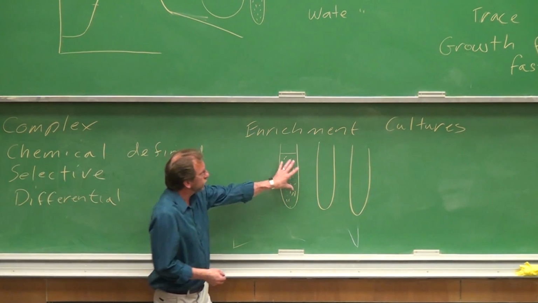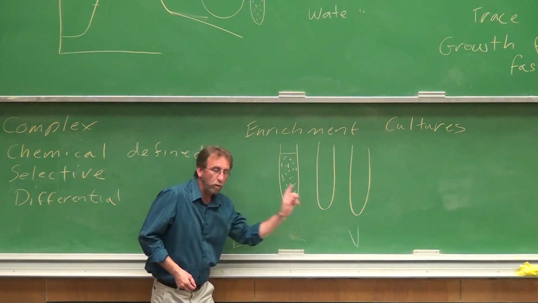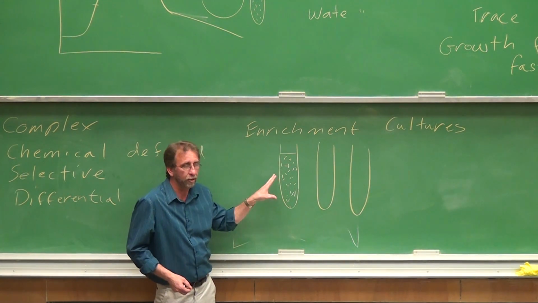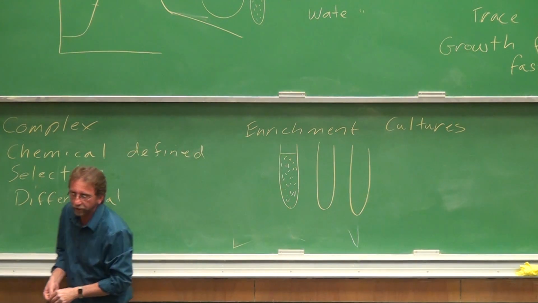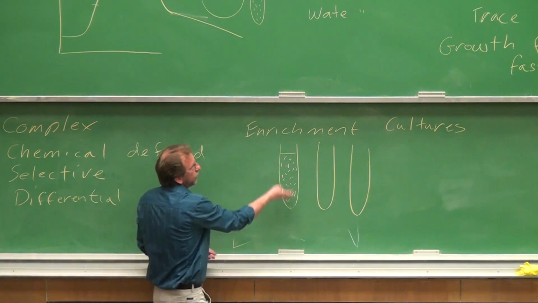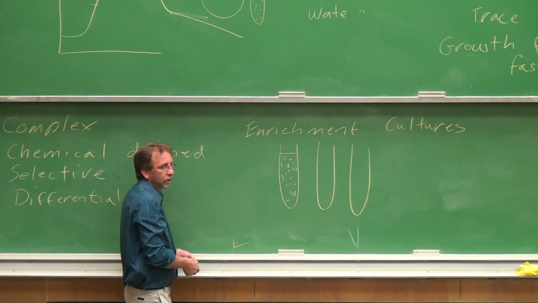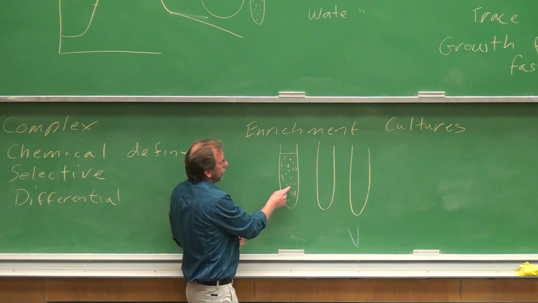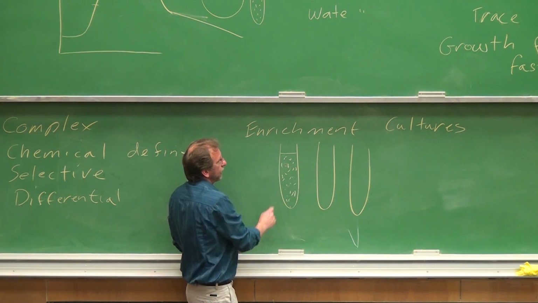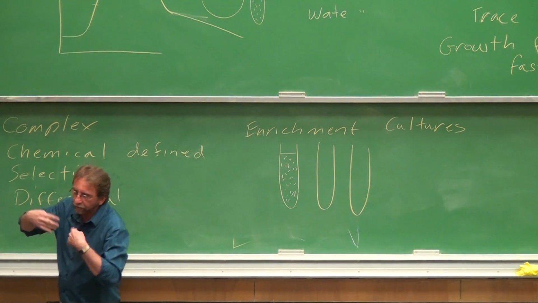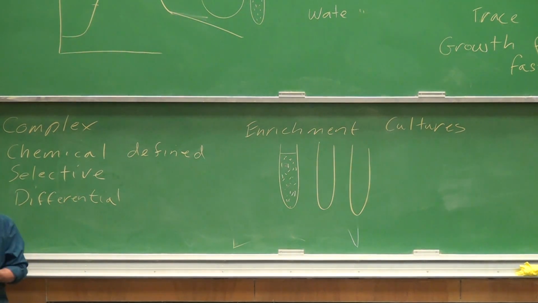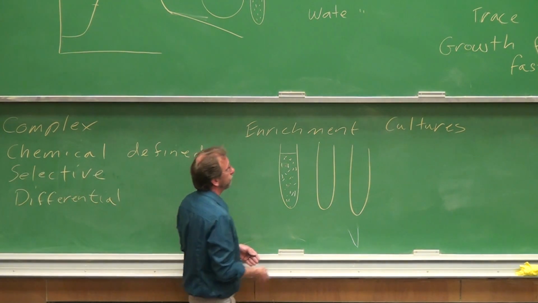If I were to try to streak this onto a plate in hopes of isolating this microbe, my chances are probably small because there are so many other bacteria there. So what I want to do is try to enhance the growth of these guys so that I can increase their number, and hopefully then, if I need to, transfer to a plate streak for isolation.